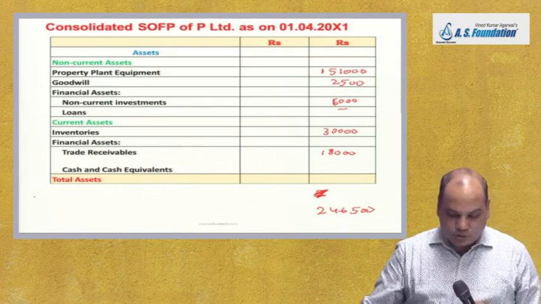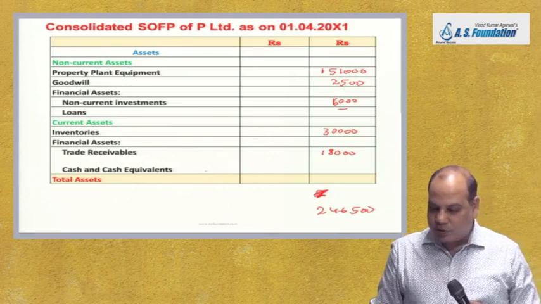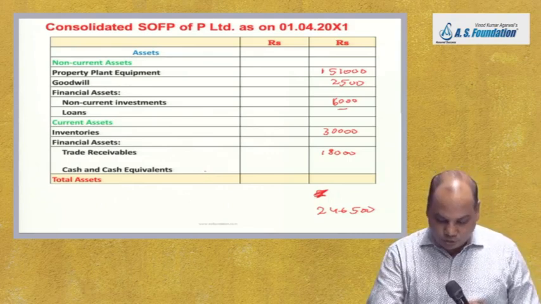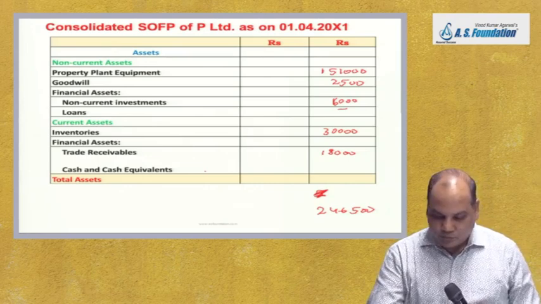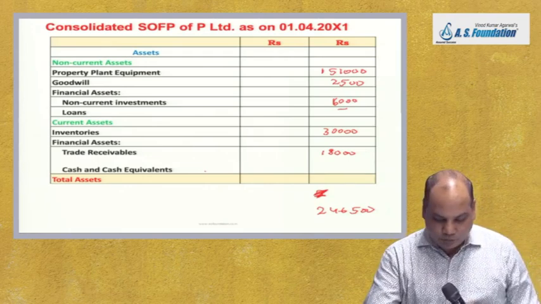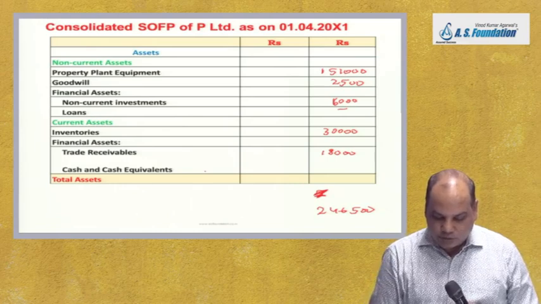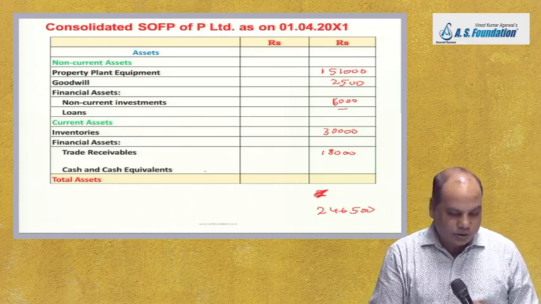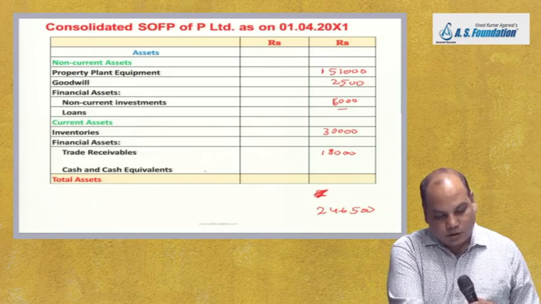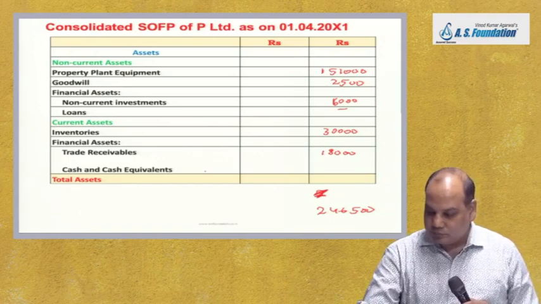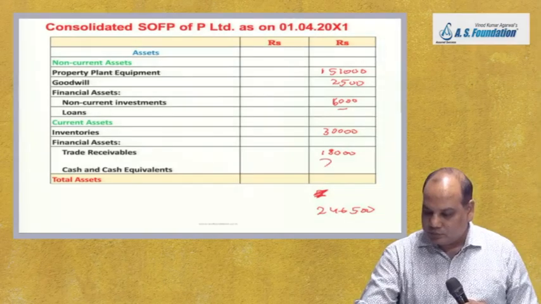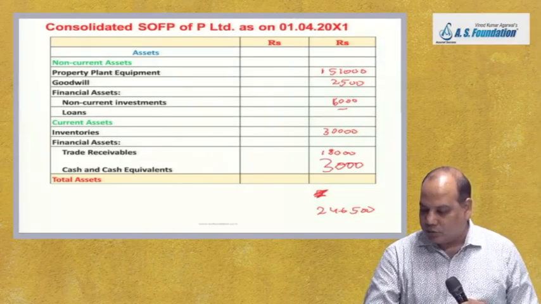You are given a balance sheet of 31st March and you are preparing on 1st April. So we have used cash out of 38,000 minus 2,000 minus 36,000 plus 1,000. How much it gets? 38 minus 36 and plus 1. Is it 3,000? Now tell me the total.